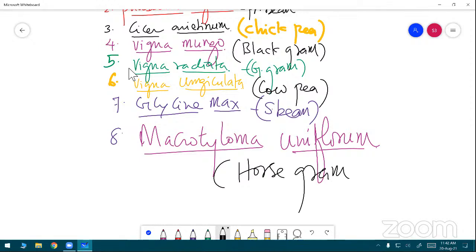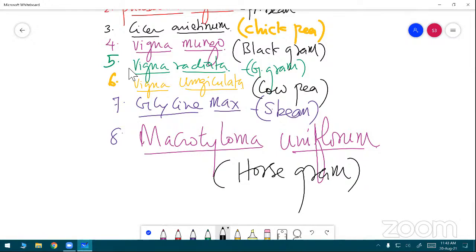So definitely, dear students, you can expect some questions from the topic of pulses. Sometimes you can expect a question to write any two important pulses of Fabaceae, or write down some important pulses of Fabaceae. Or which of the following is a binomial of horse gram, or of soybeans, or of black gram. So that is the question. So please understand.